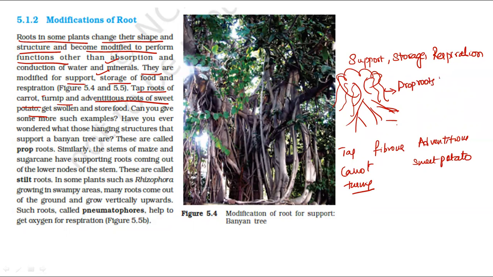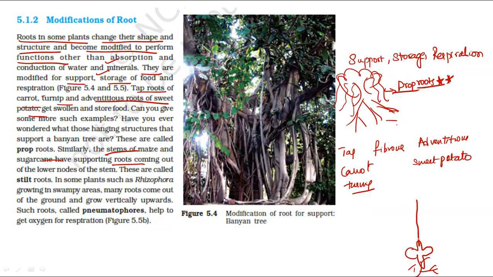So this is an important question that has been asked in NEET. It is nothing but the roots arising from other parts of the plant other than just the primary root. Similarly, stems of maize and sugarcane have supporting roots coming off from the lower nodes of the stem. Now, this is the seed, plumule portion, and the radicle developing into roots.